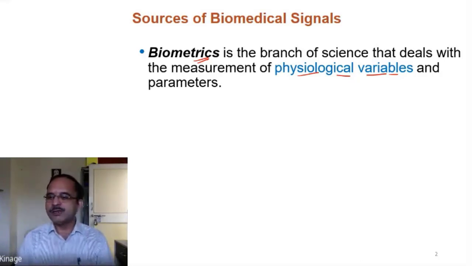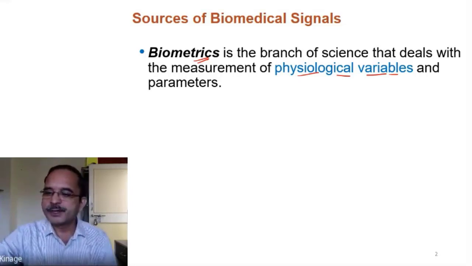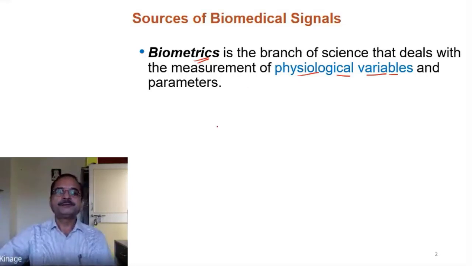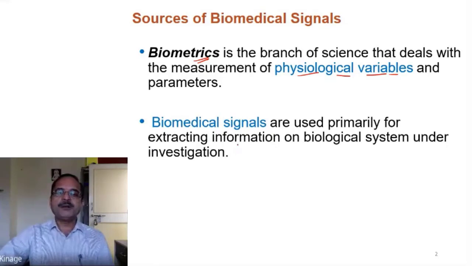But when we talk about biomedical signals, these are the signals used for extracting information on the biological system under investigation.